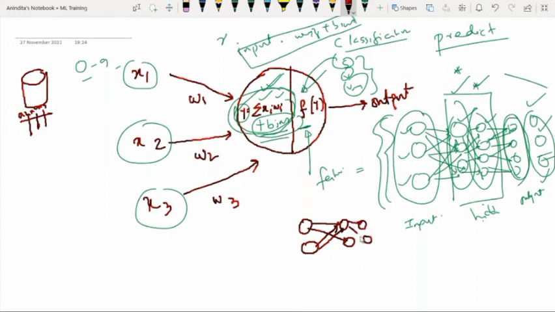Again, it is connected with all the nodes in the next layer. Now it is connected with the output node. So this is a kind of many-to-many connection, right? Every neuron in the previous layer is connected with every neuron in the next layer. So this is the concept of many-to-many connection.